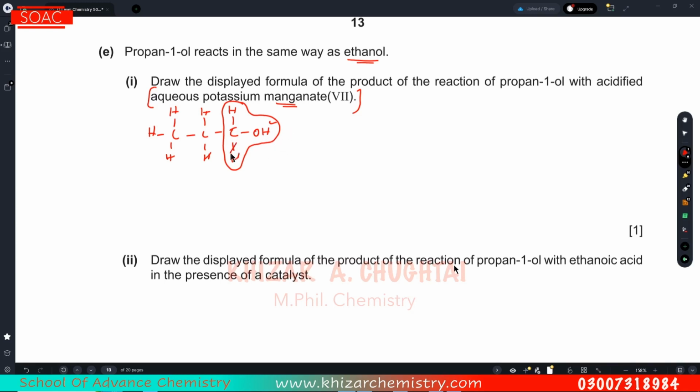So there is a removal of 2 hydrogens, then introduction of 1 oxygen. Removal of hydrogen is oxidation, introduction of oxygen is also oxidation. So basically, this is the formula of the final product of propan-1-ol oxidation.